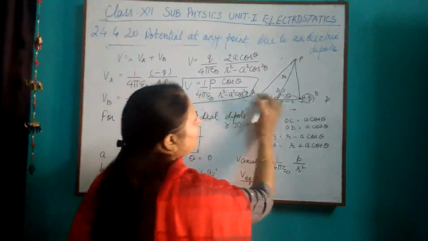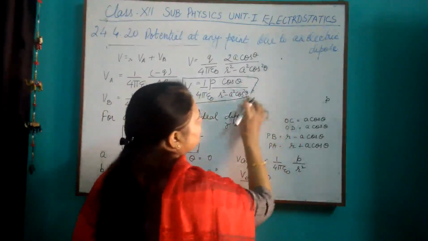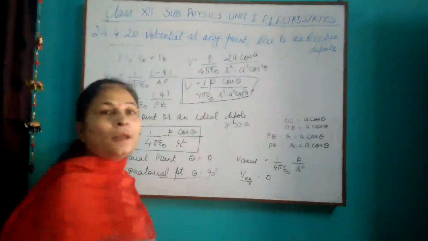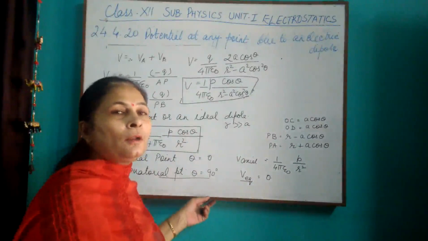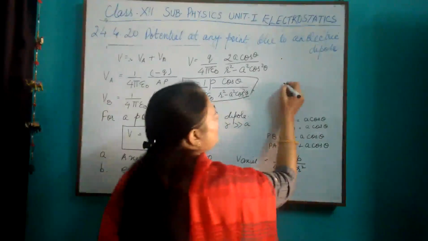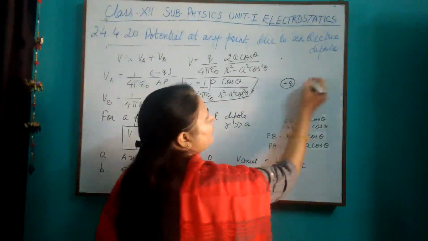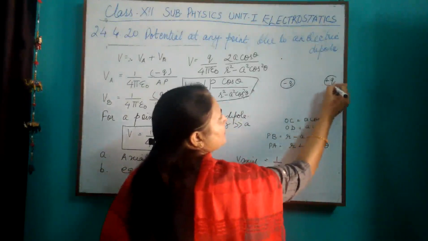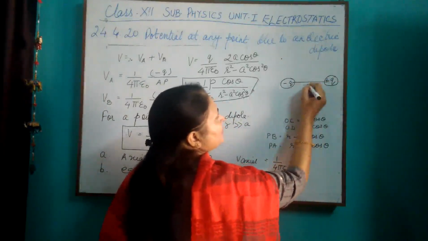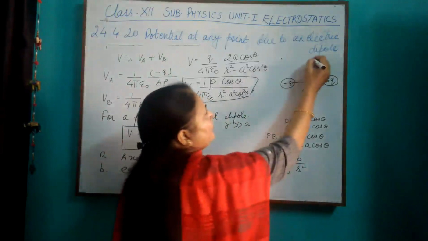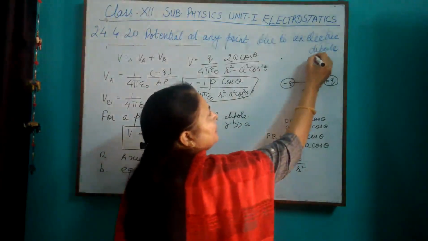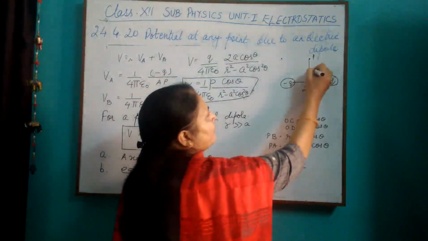I'll just show it here. As we had done for electric field, in a similar manner we'll do it for potential. How? See, this is minus q, this is plus q. The distance is 2a, equatorial point at the center. Exactly here is the point P.